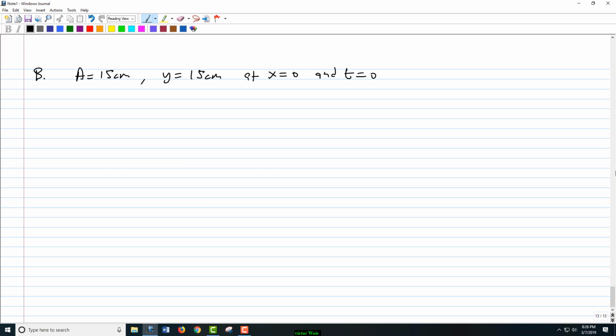So if we take the wave function, where the vertical position is 15 centimeters, the amplitude is 15 centimeters, and the sine of kx minus omega t plus phi is known, then since x is equal to 0, we shall have k times 0 minus the angular frequency omega times t, which is 0, plus phi. So this is our wave function for the quantities that we were given.